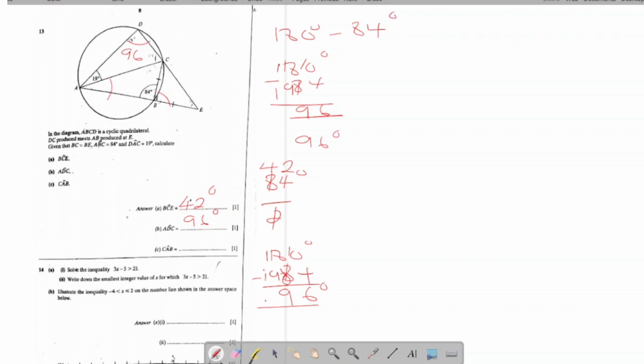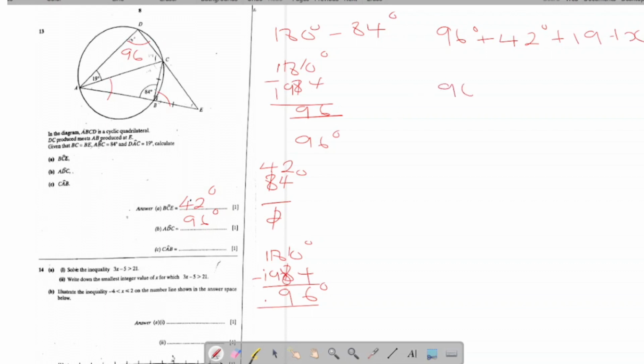Because here we have 42 and here we have 96 and here we have 19, if we add 96 plus 42 plus 19 plus x, which is this angle, it is equal to 180. So let us say this angle is x.